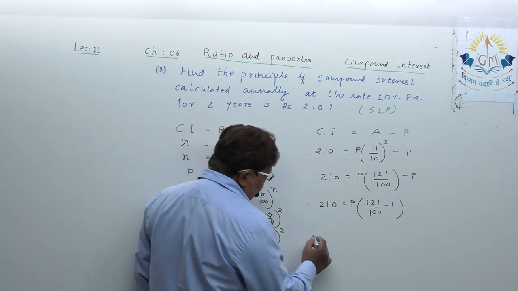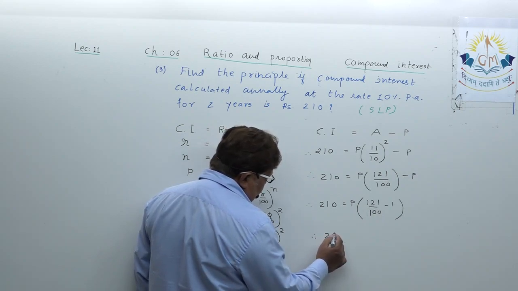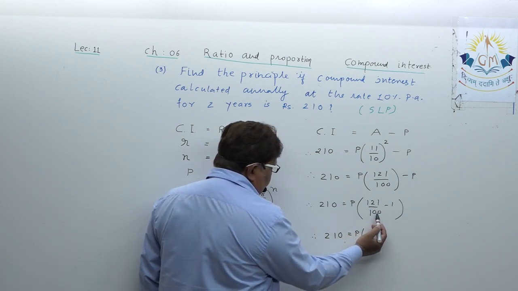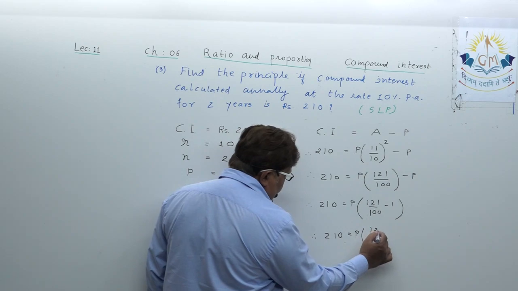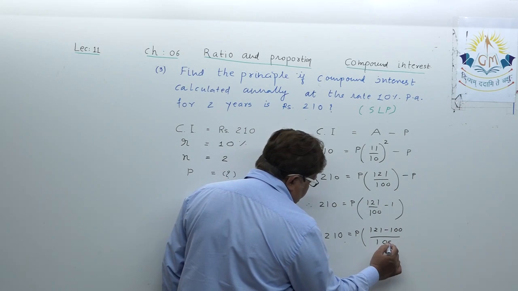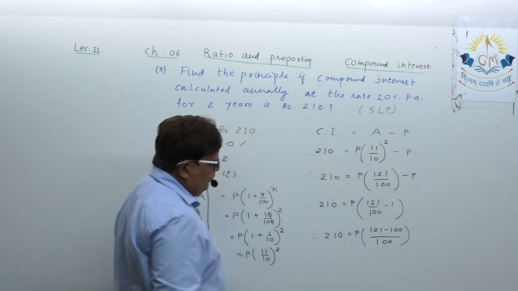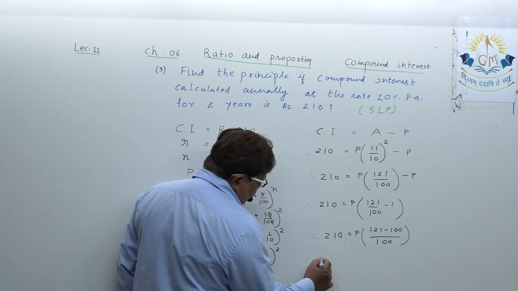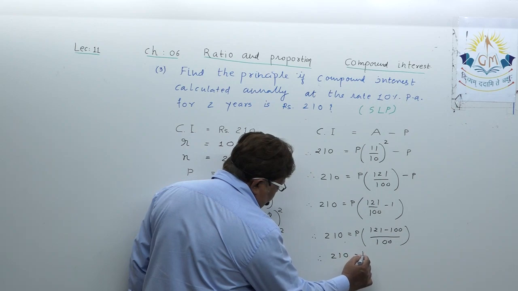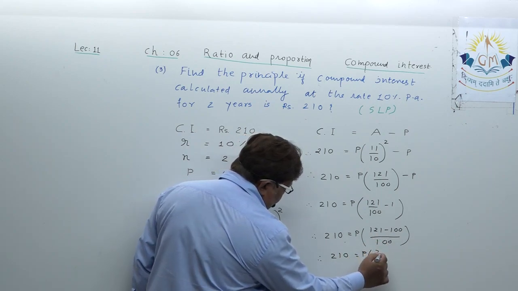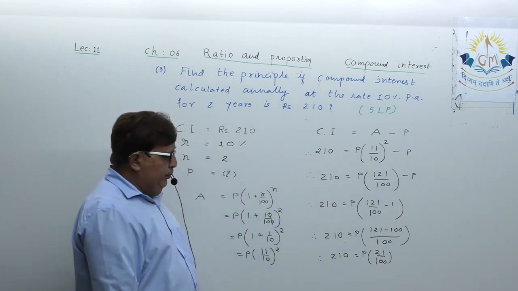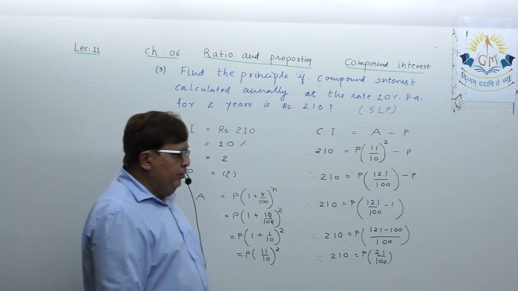Now next step, 210 equal to P. LCM 100, we will multiply here, 121 minus 100 upon 100. Okay. Next step, 210 equal to P into bracket 21 upon 100. Is it clear in your mind?